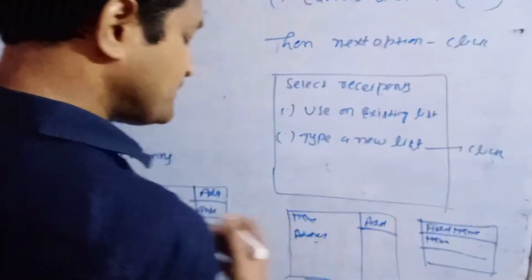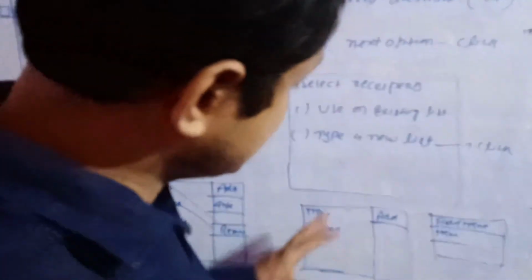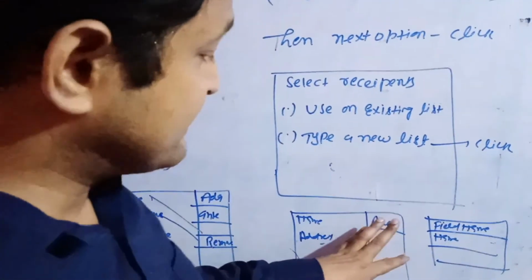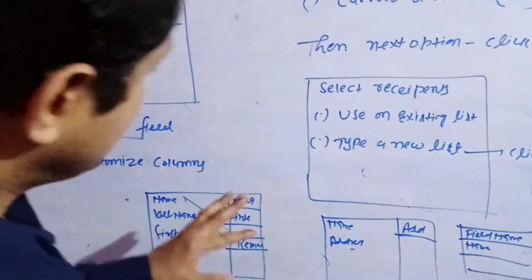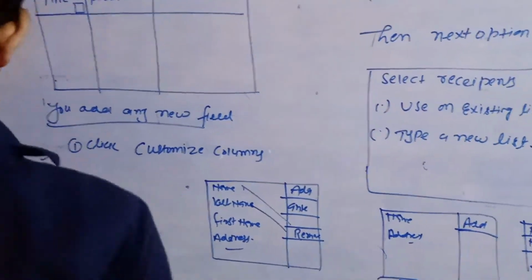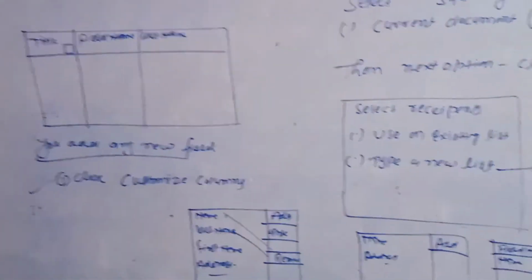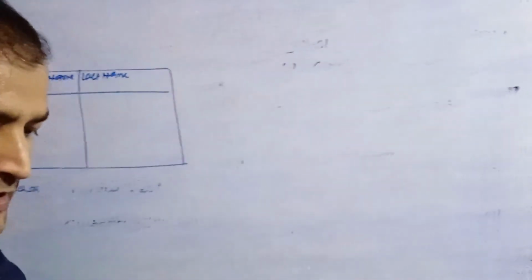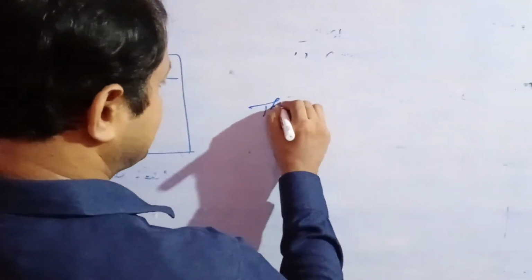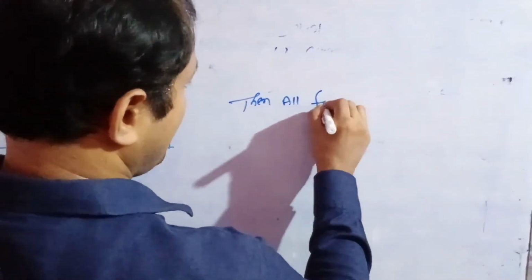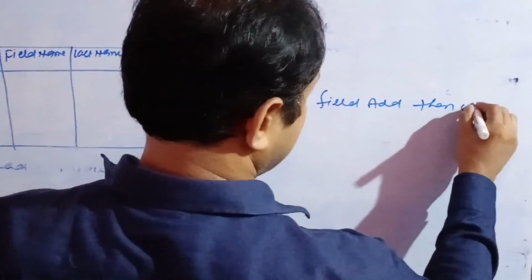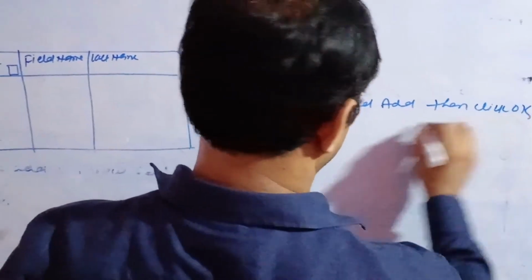So you have already chosen which type of field is related to this particular letter, and then click add. All the criteria are fulfilled, then all fields are added, then click OK.